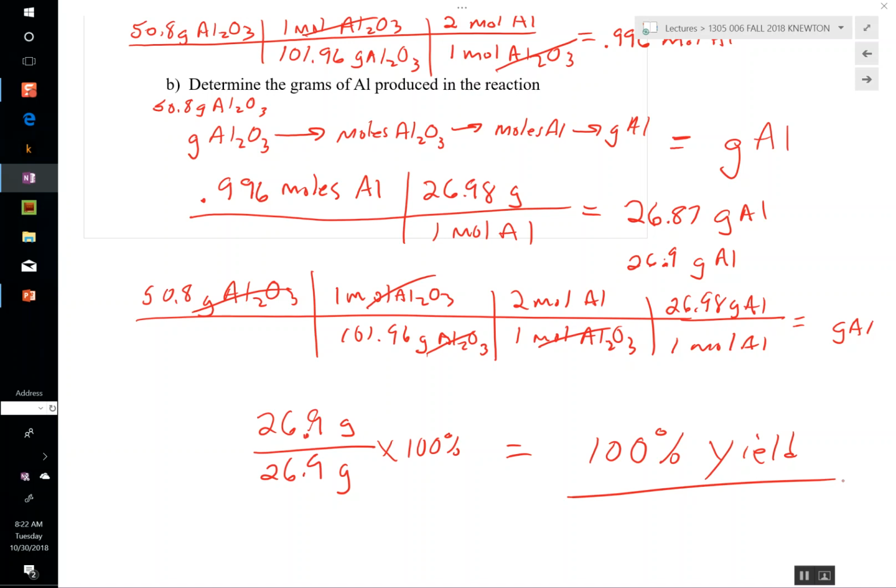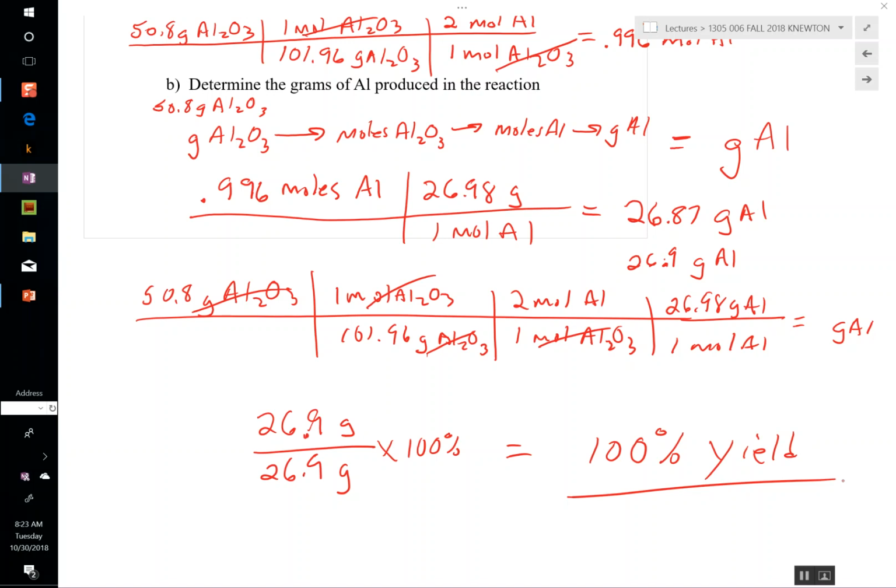Whenever any of these problems ask how many grams of this would be produced, it's saying in theory how many grams would be produced. I worked for a corporation for a couple decades. We never got theoretical yield. It was always 95% or 93% or 97%. We were trying to get as close as we could.